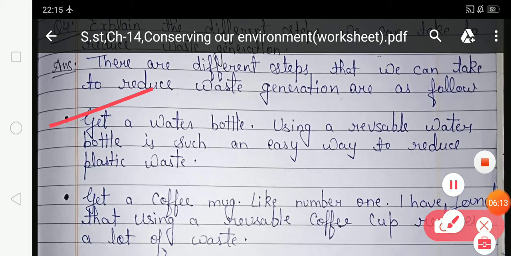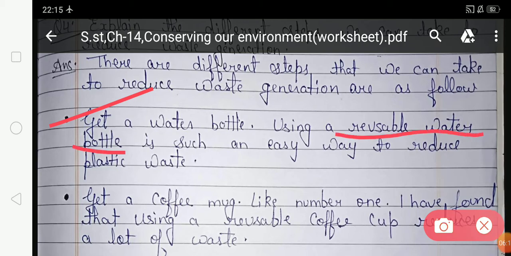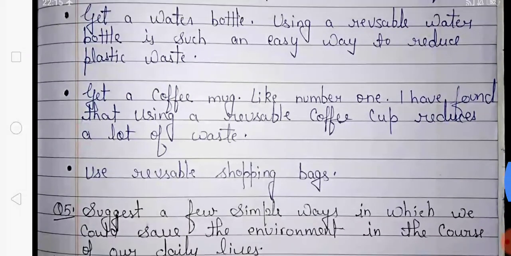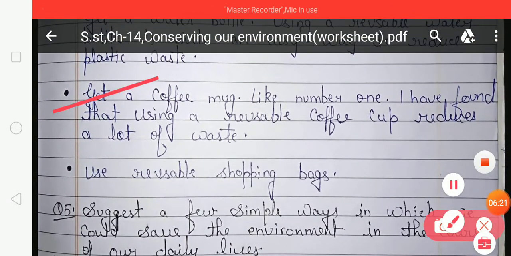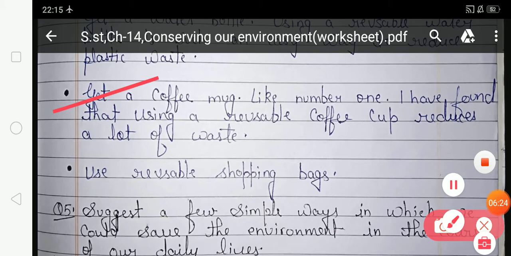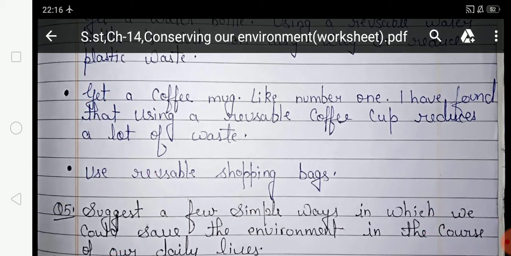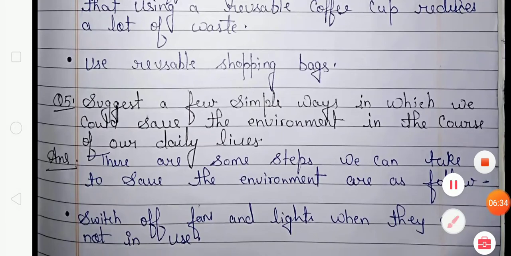Using a reusable water bottle is such an easy way to reduce plastic waste. Second, get a coffee mug. I have found that using a reusable coffee cup reduces a lot of waste. Use reusable shopping bags.